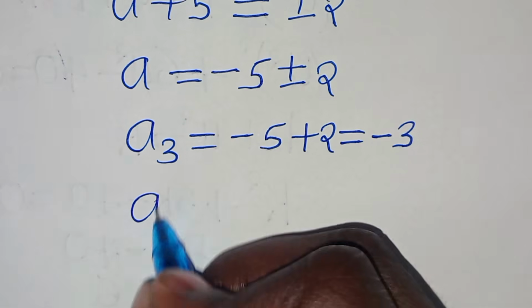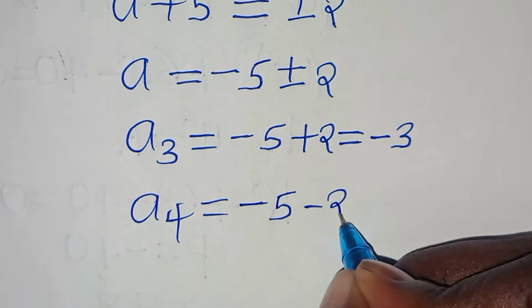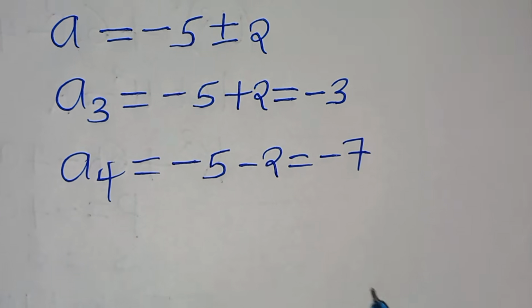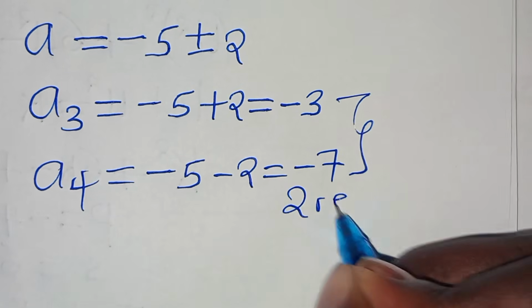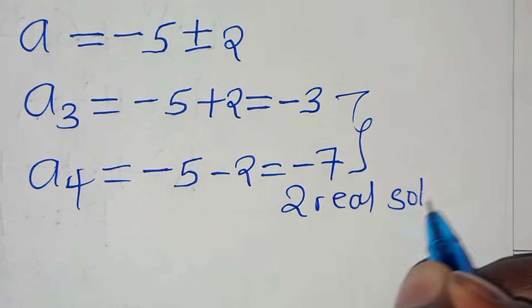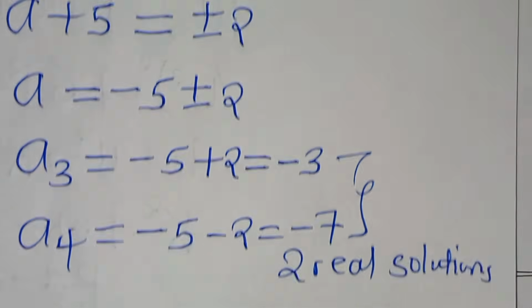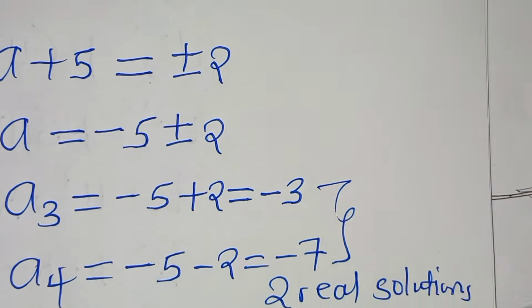And we have that a4 is equal to negative 5 minus 2, and this is equal to negative 7. So we have got two real solutions here. Now we have two complex solutions and two real solutions for this algebra problem.